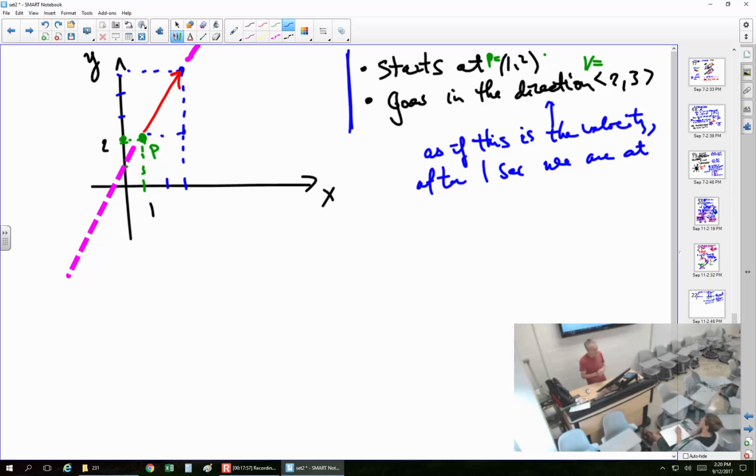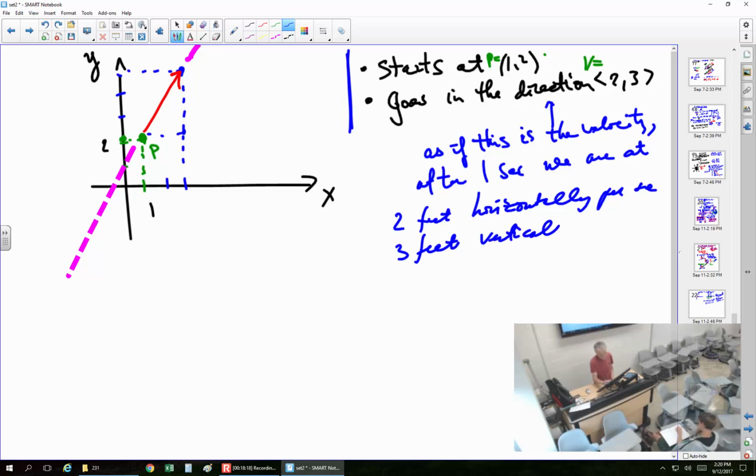Look at it separately for the 2 dimensions. We can interpret that 2, 3 is the velocity. So we move 2, say, feet horizontally per second, and we're moving 3 feet vertically per second. That's how we understand velocity: a vector, which simply indicates the different rates of change of location in the horizontal and vertical direction separately.